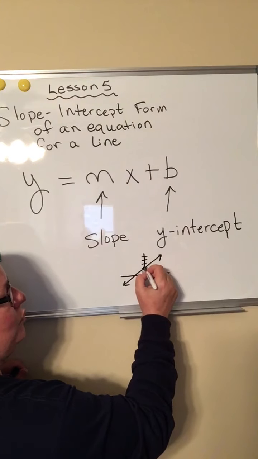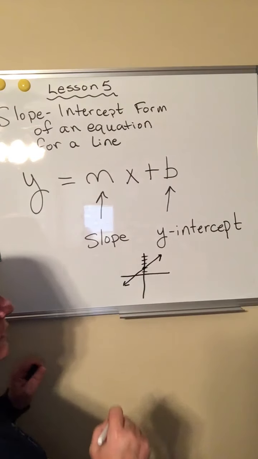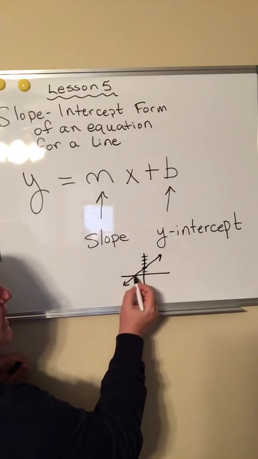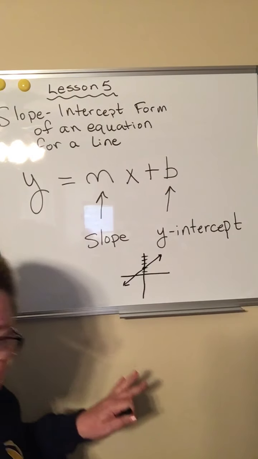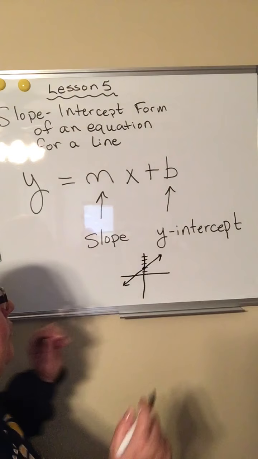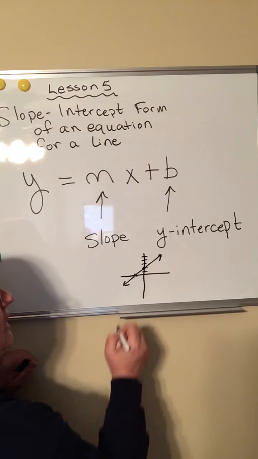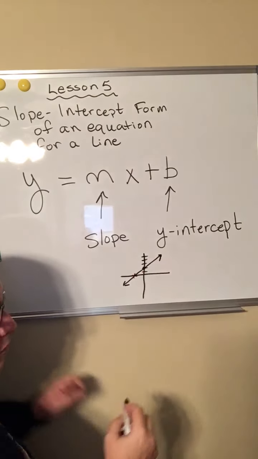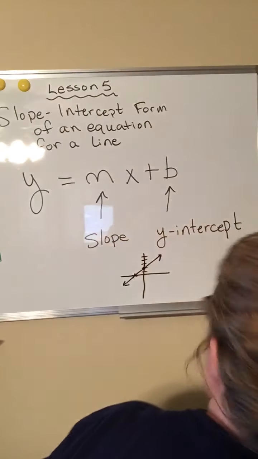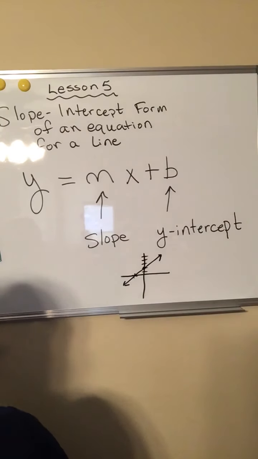That means this point would be the y-intercept, okay? This is called the x-intercept. We are not going to deal with that ever this year. Don't worry about it. We're only worried about where it crosses the up and down line. Sometimes people get that mixed up, and then that's a problem.